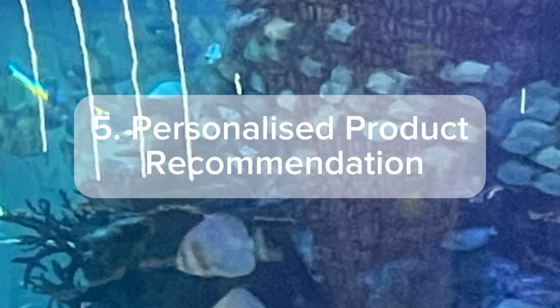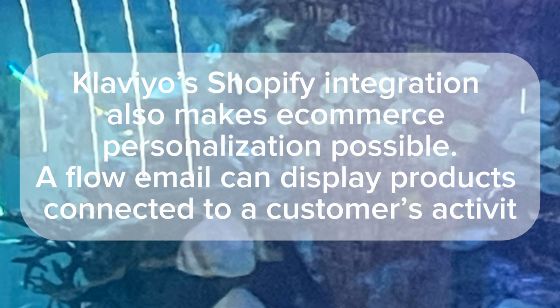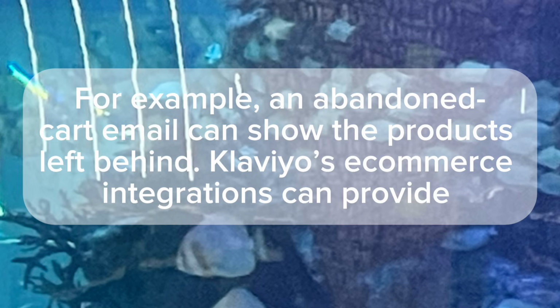5. Personalized product recommendation. Klaviyo's Shopify integration also makes e-commerce personalization possible. A flow email can display products connected to a customer's activity. For example, an abandoned cart email can show the products left behind.